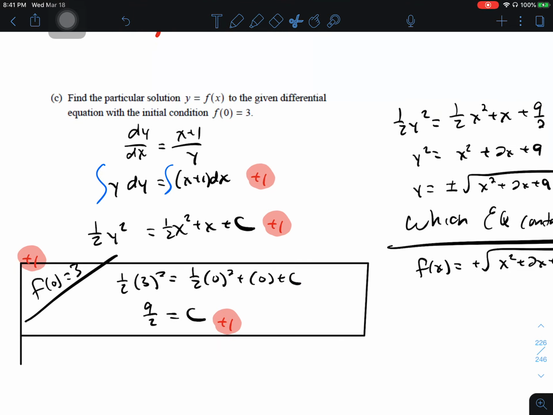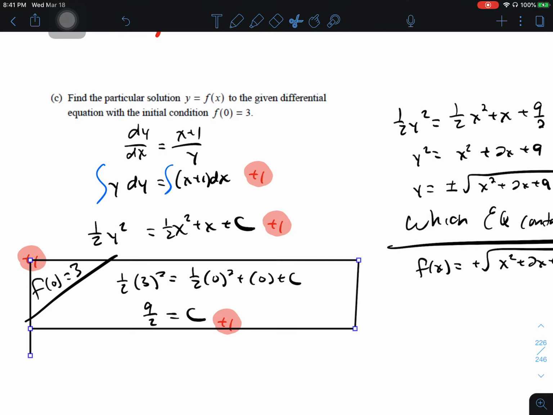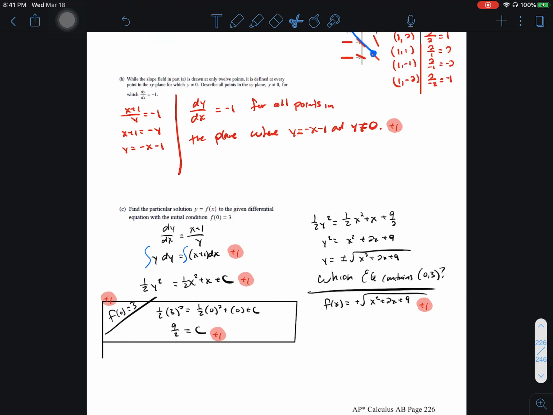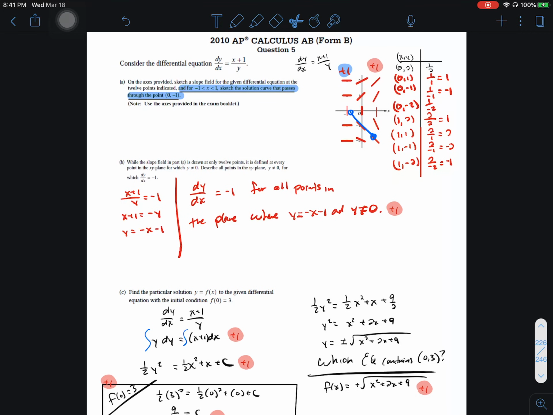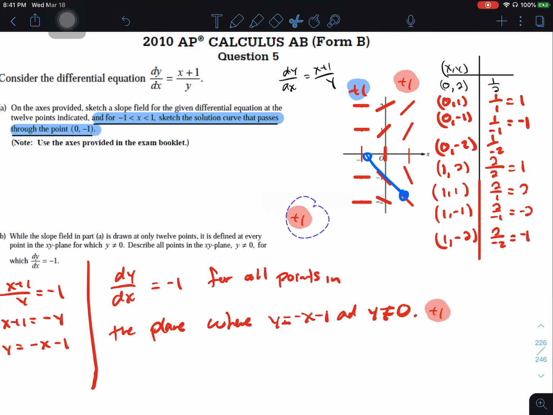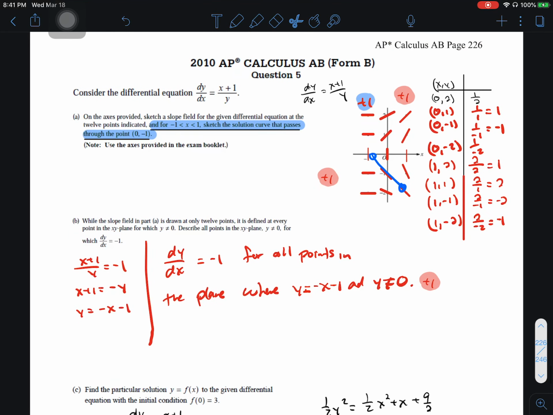And then a point for separating your variables correctly. So 1, 2, 3, 4, 5, 6, 7, 8. I'm missing a point someplace. Oh, up here, we got a point for that blue curve segment. All right, that concludes this problem.